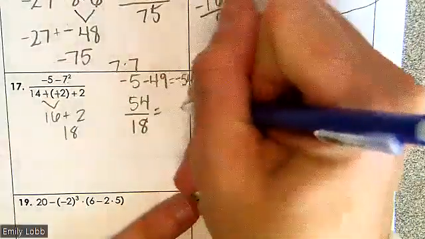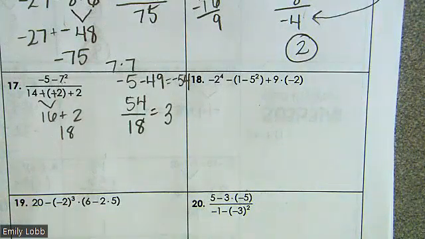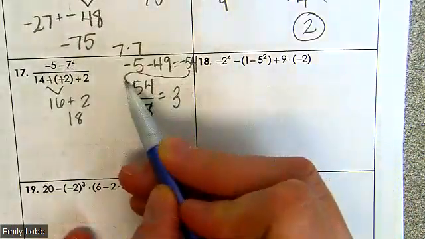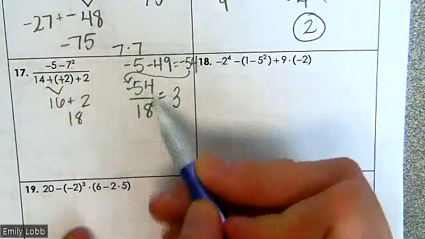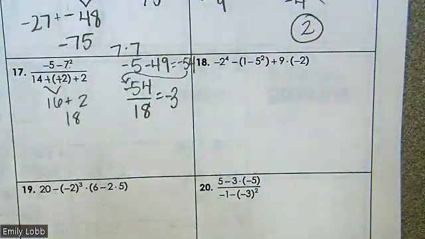So this would equal 3. It's also in your multiplication table if you can't think through that division. So you can definitely use your multiplication table if needed. But what didn't I include when I wrote down this 54 here? The negative sign. So when my signs are different, it would be -3. Fair?